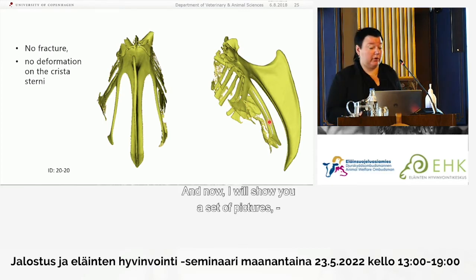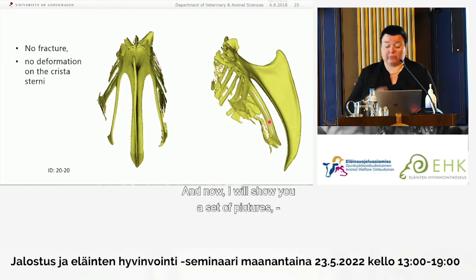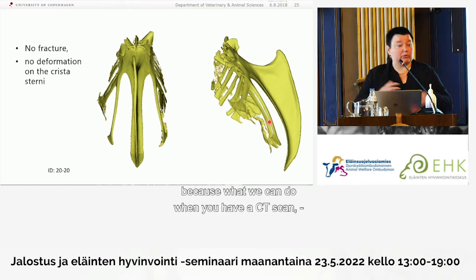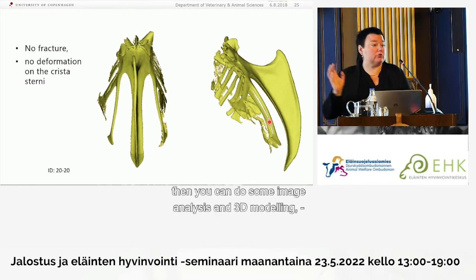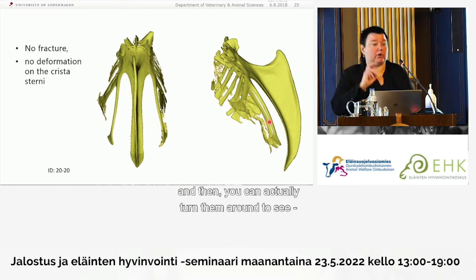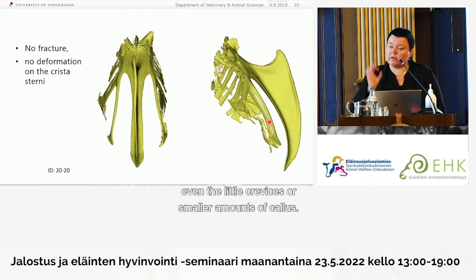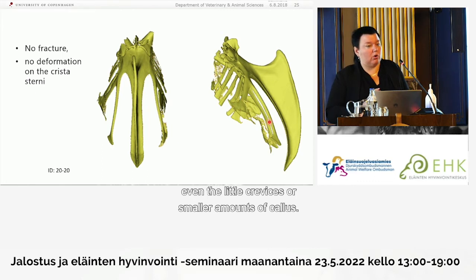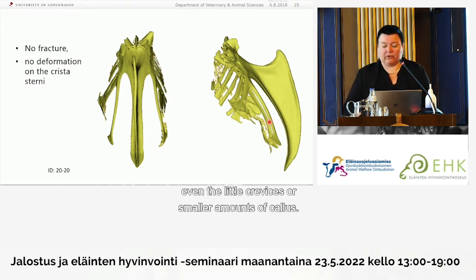Now I will show you a set of pictures, because with a CT scan you can do image analysis and 3D modeling, and then you can turn them around to see even little crevices or smaller amounts of callus.